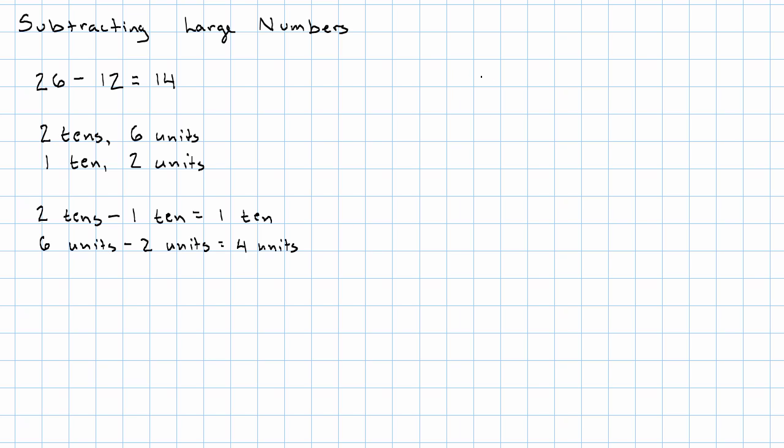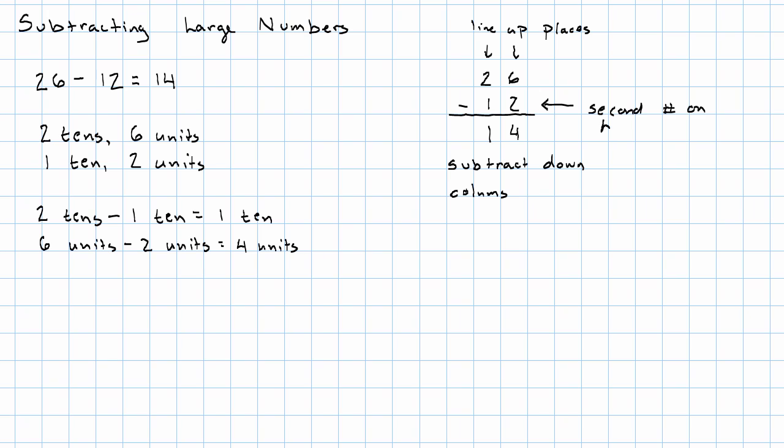Just like with addition, when we subtract, we line up the places and we subtract down columns. Notice that in subtraction, it's necessary to write the second number on the bottom. Now, remember that in the whole numbers, it's only possible to subtract bigger minus smaller. What if we wanted to subtract 81 minus 29?